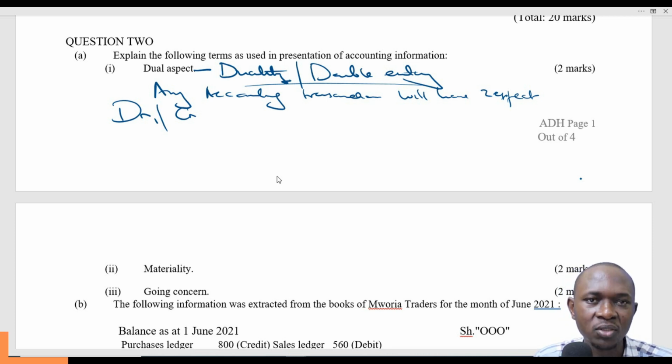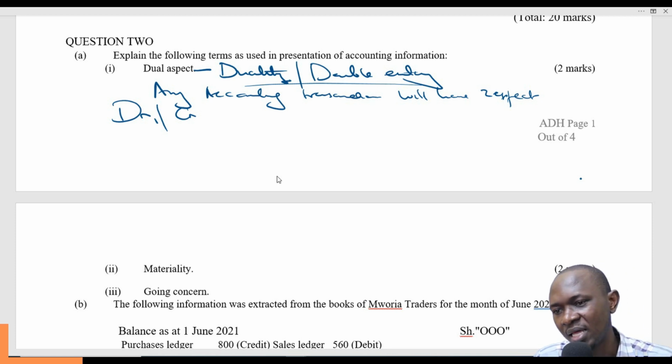Any accounting transaction will have the effect of affecting the debit or the credit side of the account, and it affects differently. It depends on the type of the transaction, but that is what the dual aspect is all about. It states that every transaction requires to be recorded in two different accounts, the debit and the credit side.